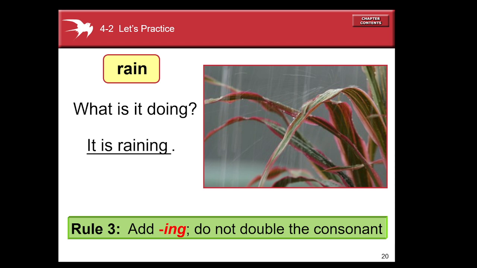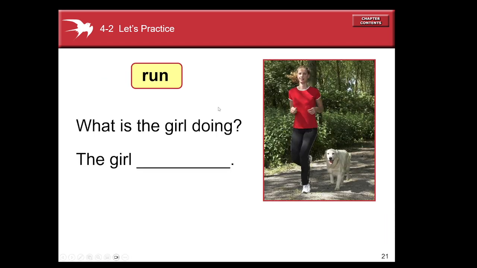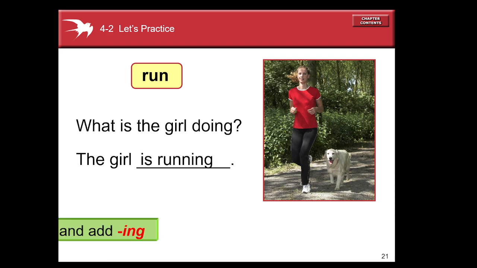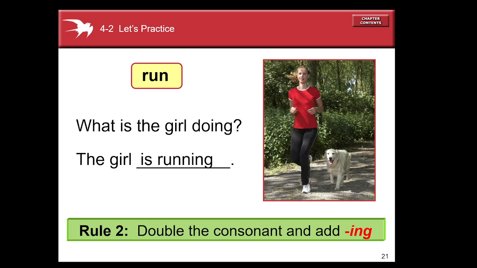Do not forget, this is another rule. Double vowels: we don't duplicate the last letter and we add the suffix -ing. Now look at this picture. What is the girl doing? The girl is running.